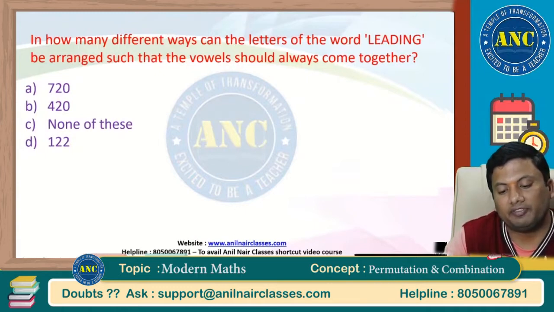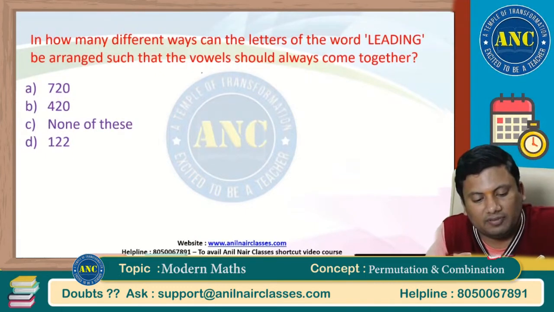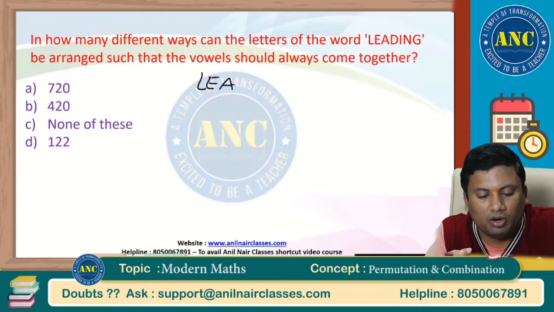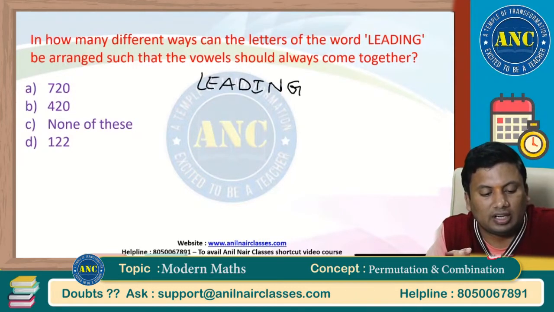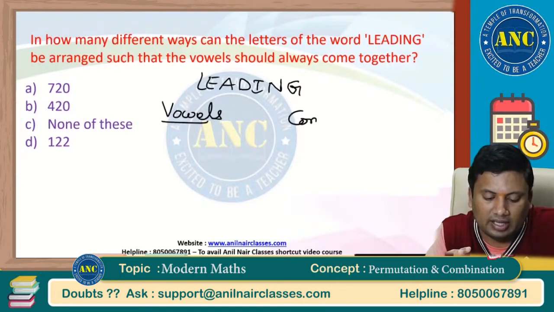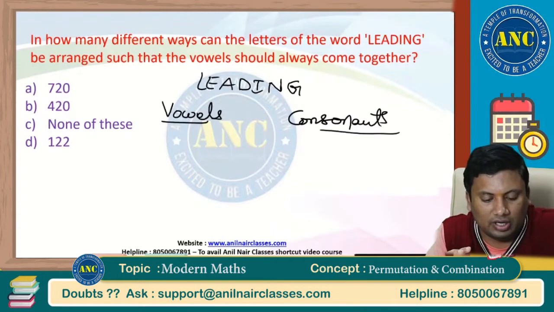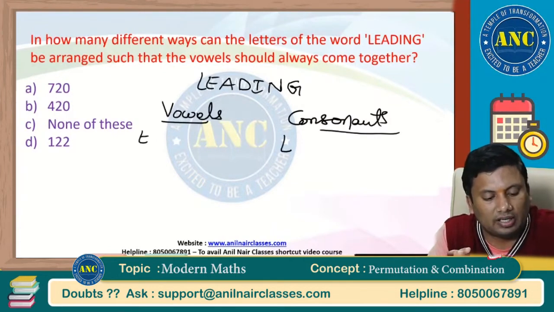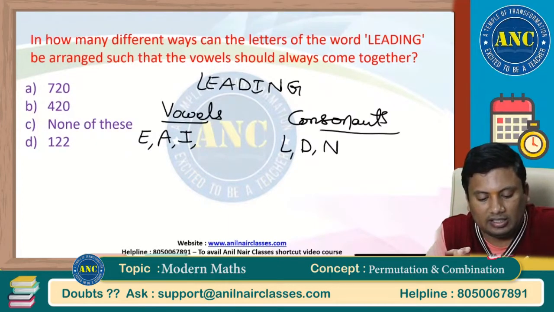In how many different ways can the letters of the word LEADING be arranged such that vowels come together? If you observe, vowels coming together is the most frequent kind of question in your examination. There are vowels and there are consonants. L is a consonant, E, A, I are vowels, N is a consonant, G is a consonant.